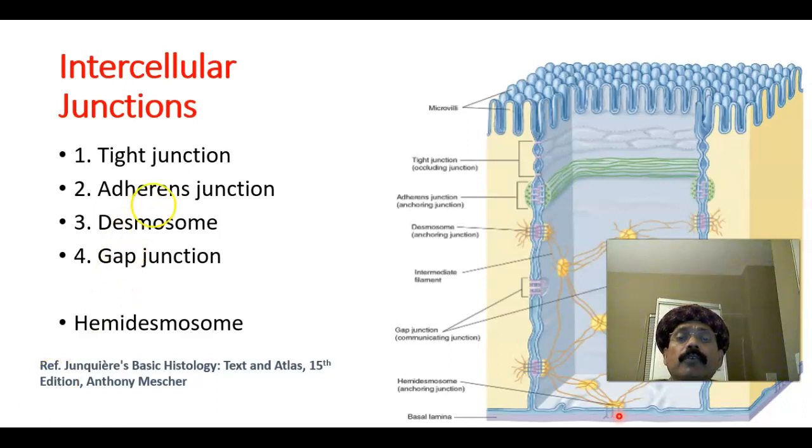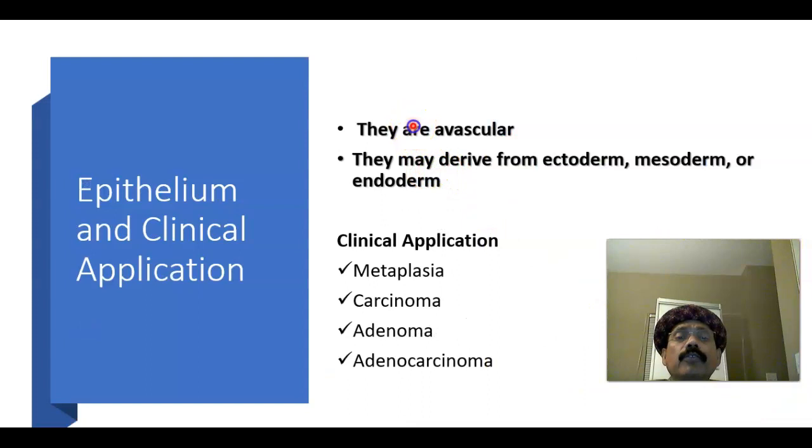Okay, so we have to have some facts about epithelium. They are avascular. So how do they get their nutrition? They get their nutrition from the underlying connective tissue by means of diffusion, but they are avascular.